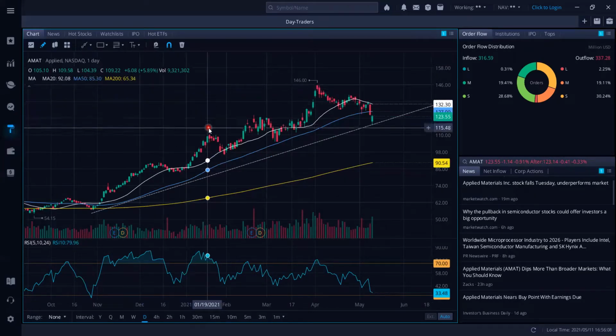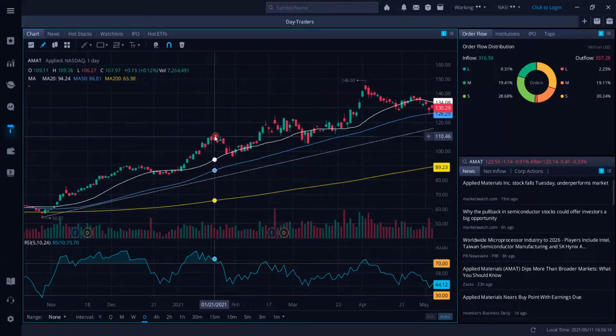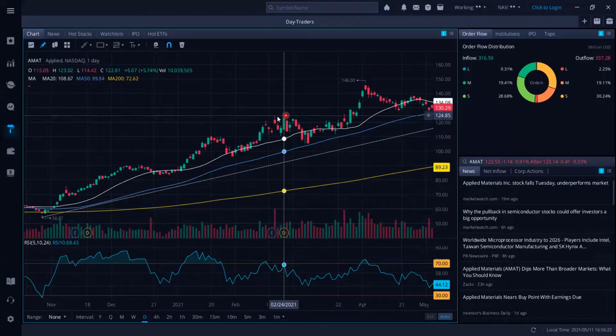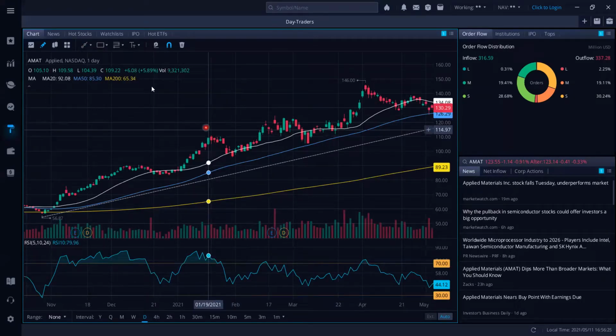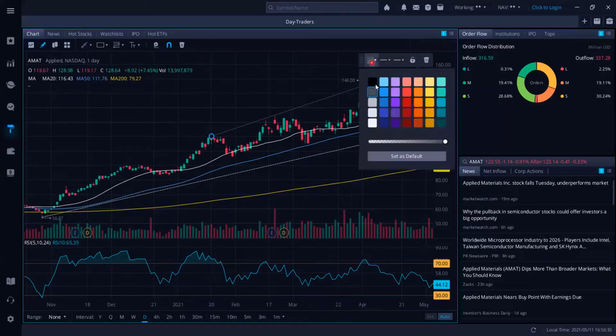Looking at our true peak, it was this one right here. Let's go here. What is going on? I gotta hit it twice. That's what it is. Let's go here and here.